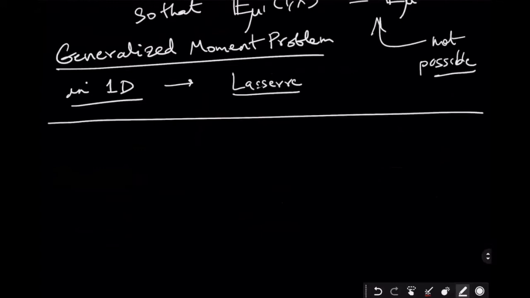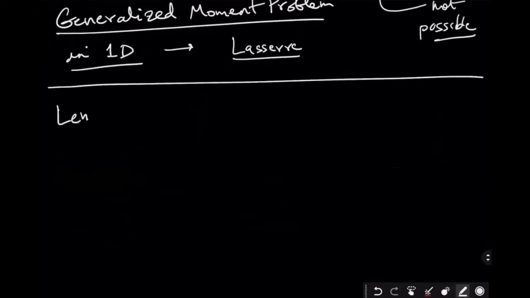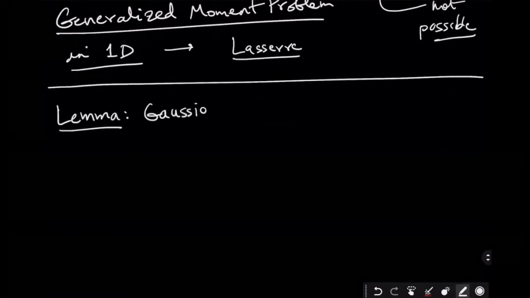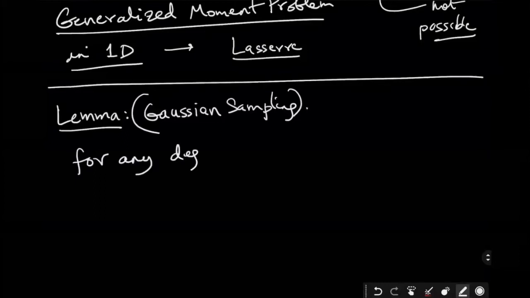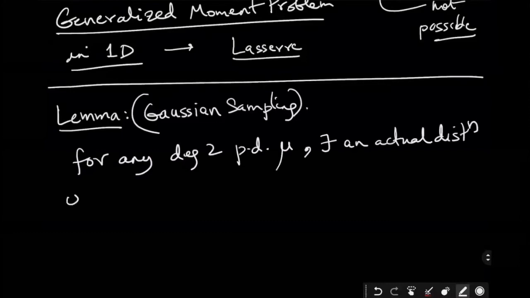And we're going to rely on something you proved on your homework. And it's a very simple observation, which says the following: for any degree 2 pseudo distribution mu, there is an actual distribution over R^n.